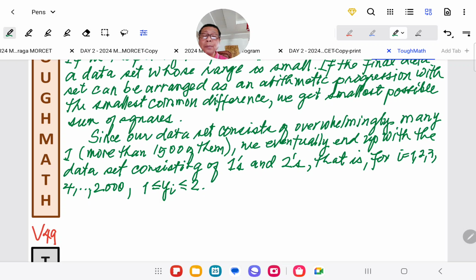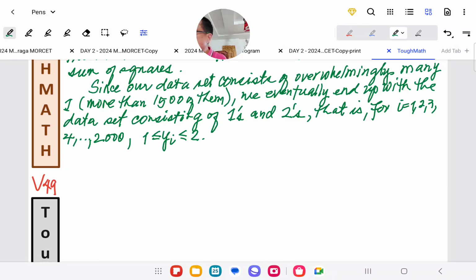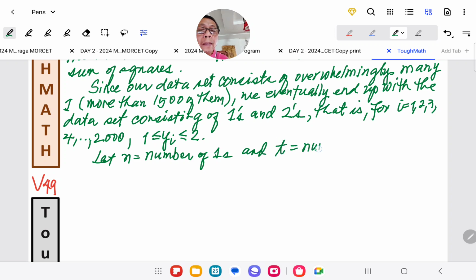That is, no y sub i is greater than 2. So we let n be the number of ones and t be the number of twos.